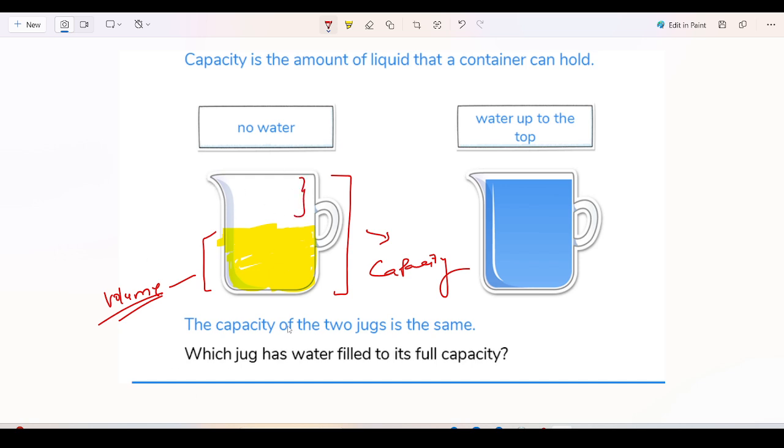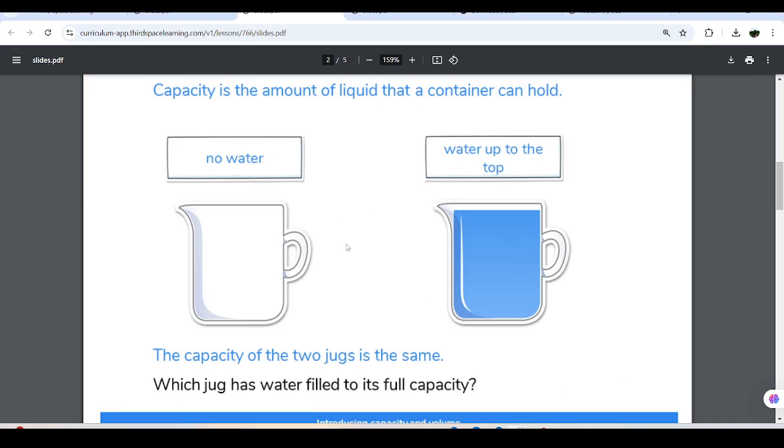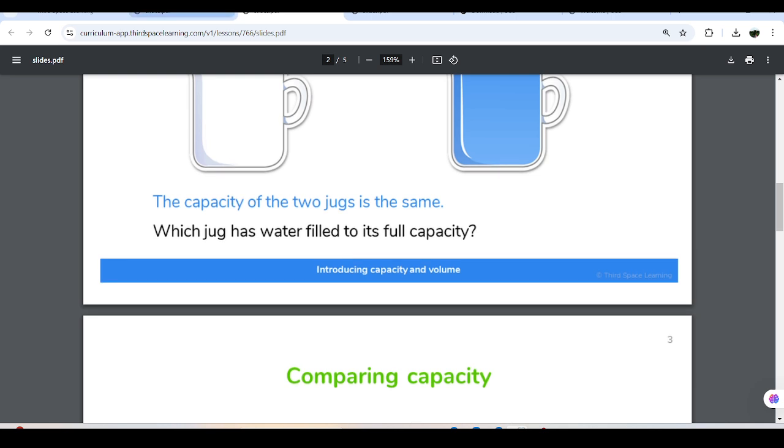So capacity is the amount of the container. When we are talking about the container, we are talking about capacity. But when I just talk about how much space is taken by the object, that's volume. So this is the difference. That's why we cannot use these terms in place of one another, because these are two different things.